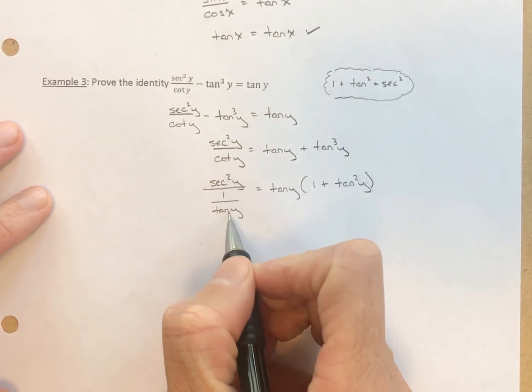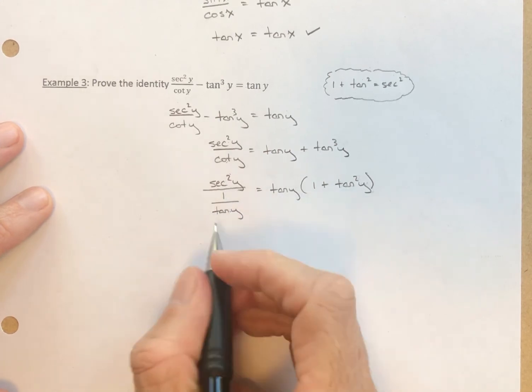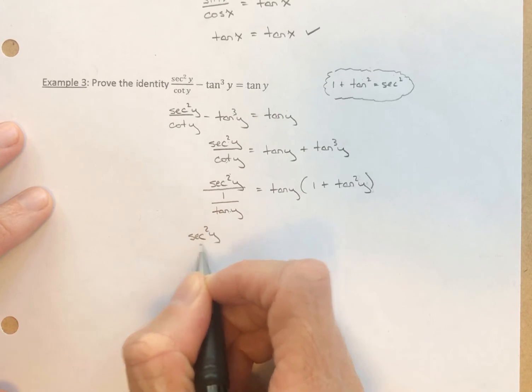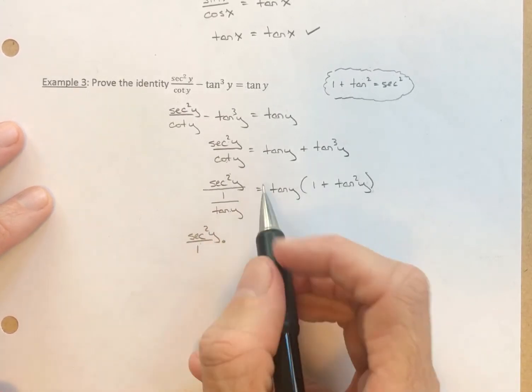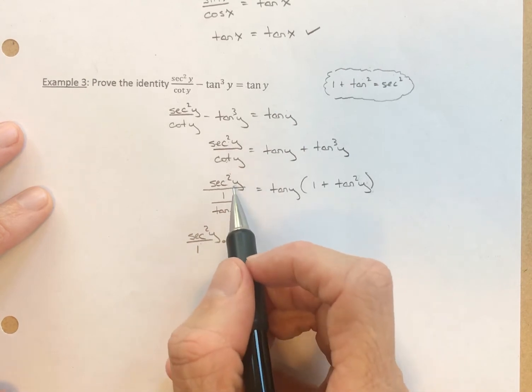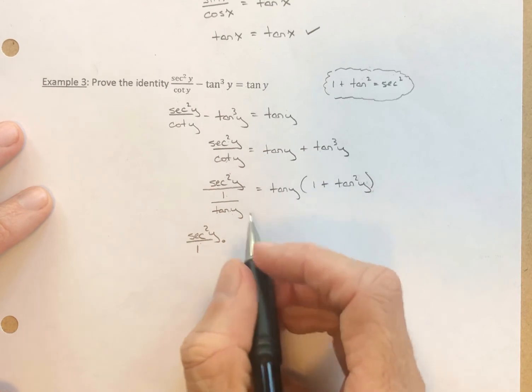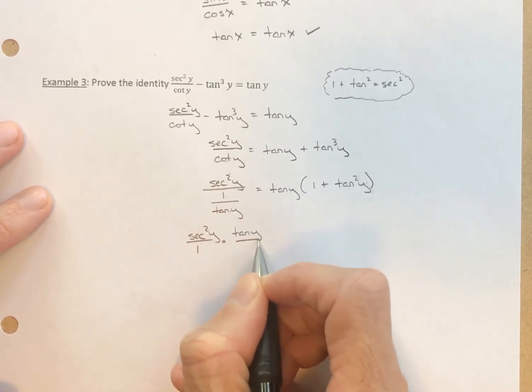So on the left side, again, I don't like to divide by fractions, so I have the secant of y squared over 1, and dividing by 1 over tangent is times the tangent over 1.